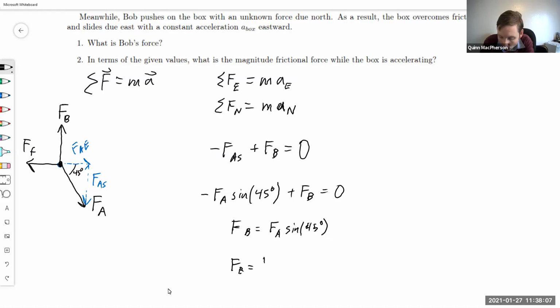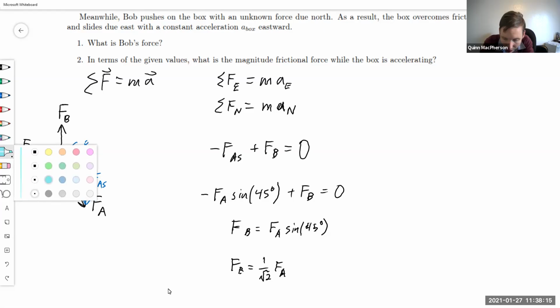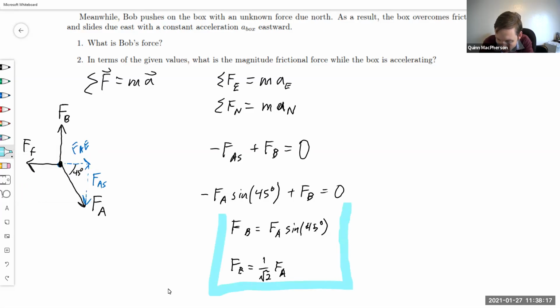So this is 1 over the square root of 2 times force Alice. Either one of those two answers is right, we'll just highlight both, whichever way you prefer. That's how we solve for the magnitude of Bob's force.